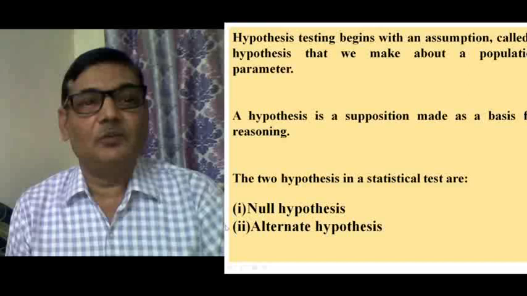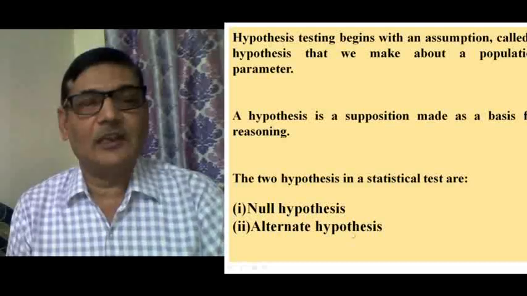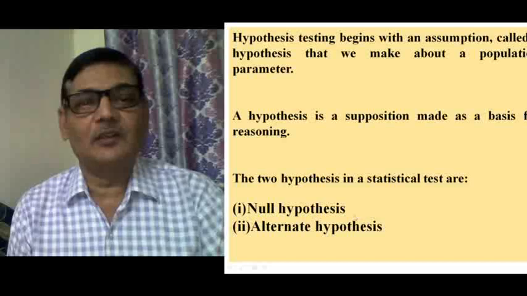The hypothesis could be a null hypothesis. Statistically, we decide two types of situation: one null hypothesis and the other alternate hypothesis. See, null hypothesis means there is no difference between the observed and expected conditions, or between the two samples. So no variation exists.